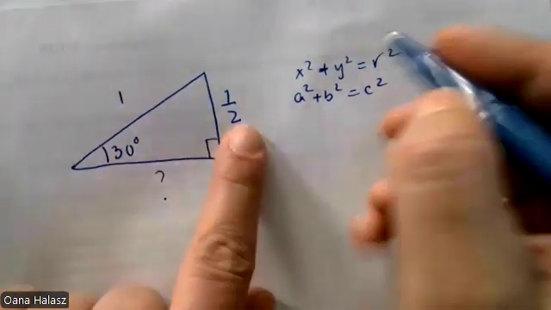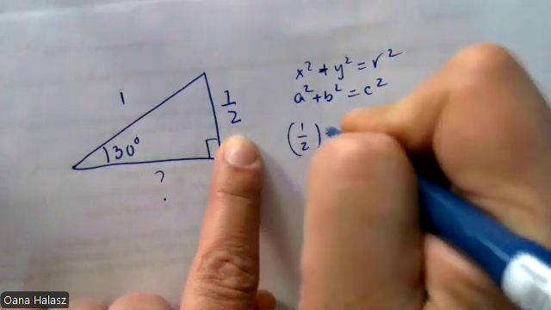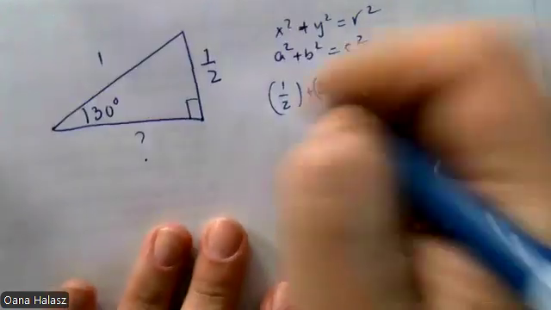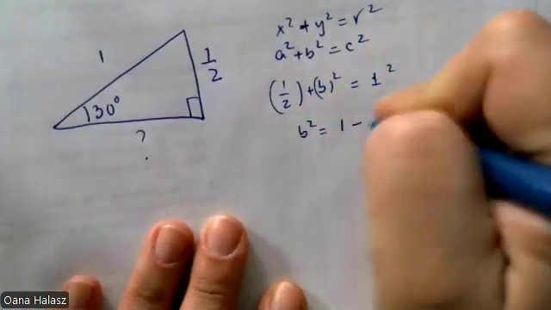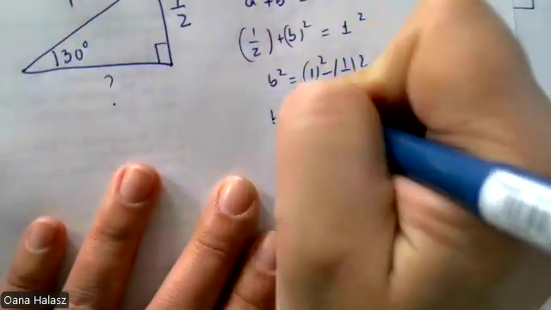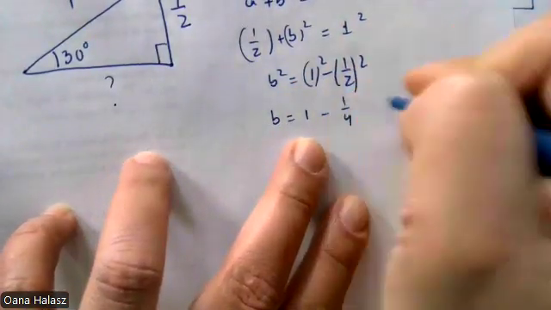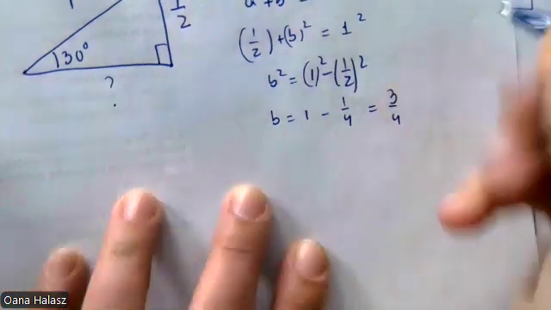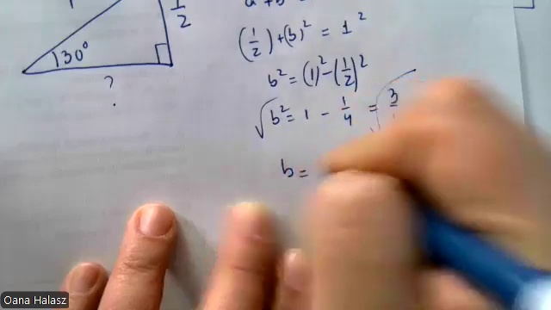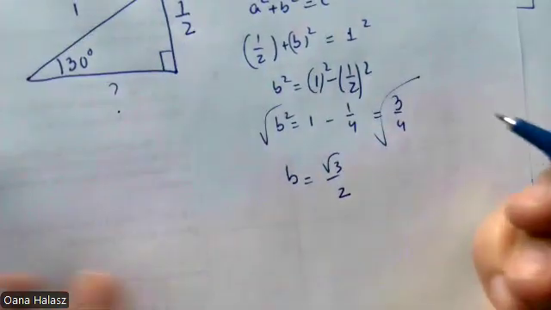So then our a is 1/2, our b is unknown, and c is 1. So b squared is 1 minus 1/4, so 3/4. Square root both sides. B is square root of 3 over 2, right?